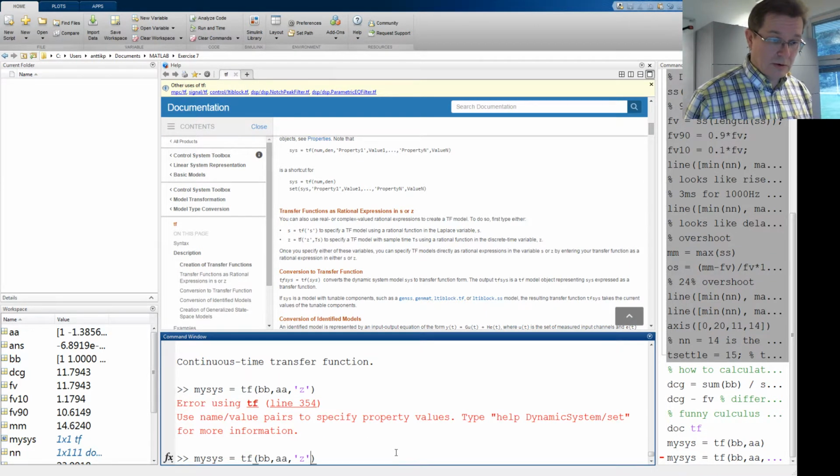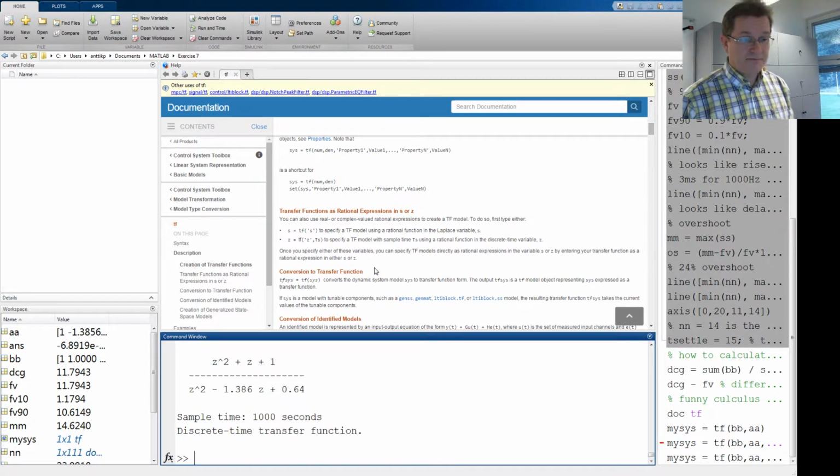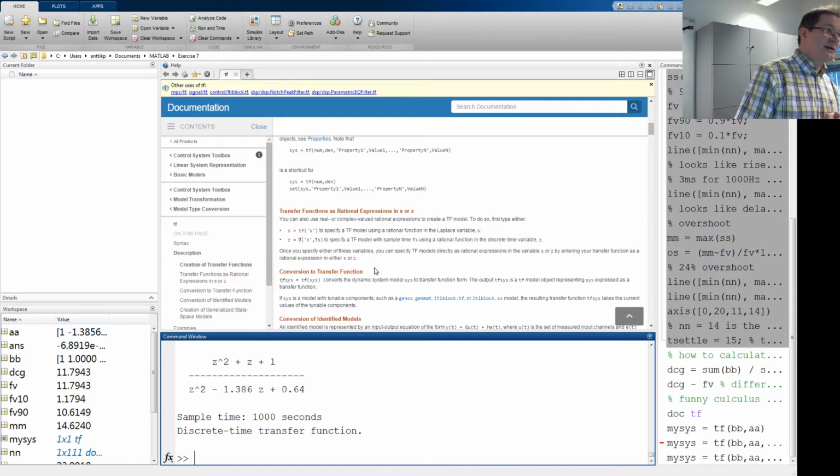Oh, no. Okay, I will put the sampling rate here. That should work. Yes, discrete time. In Octave, you don't need to define it separately as discrete time. That's the default. In MATLAB, for some reason, it's continuous time.